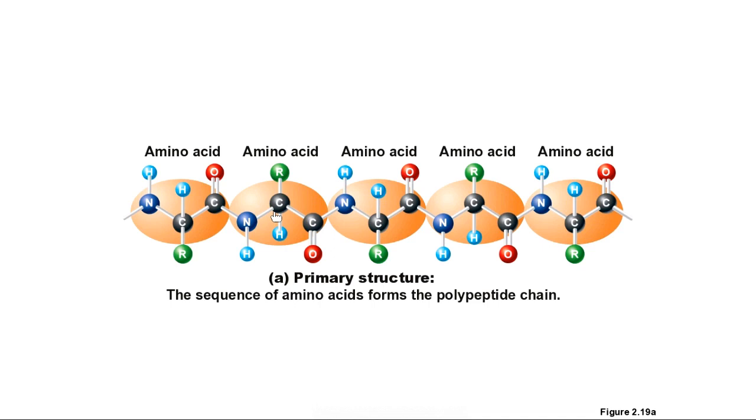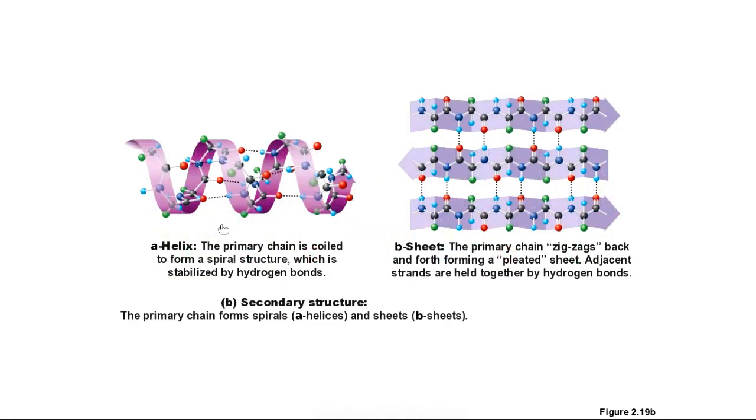Now, here we have a primary structure of a protein, a polypeptide chain. It would probably be a lot longer than that. And then because of hydrogen bonds, this is attracted to that, and that is attracted to that, they start to change shapes and curl or maybe form sheets.